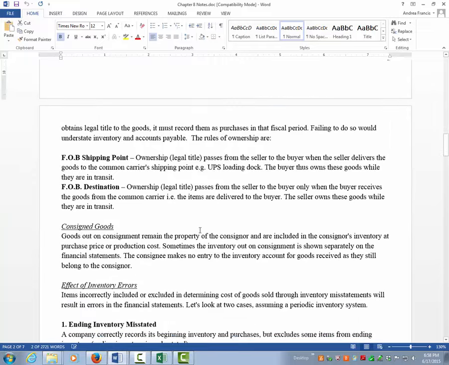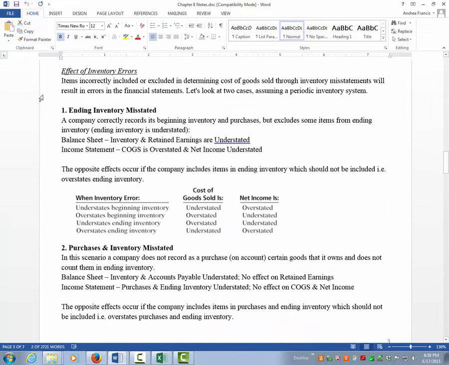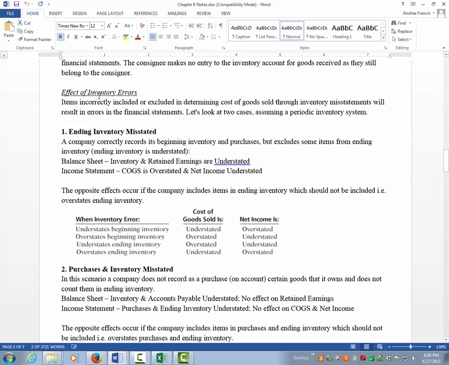If we scroll down here on the handout, we'll see that there's a section for inventory errors, and this is on page 3. Items incorrectly included or excluded in determining cost of goods sold through inventory misstatements will result in errors in the financial statements. We are assuming a periodic inventory system here.